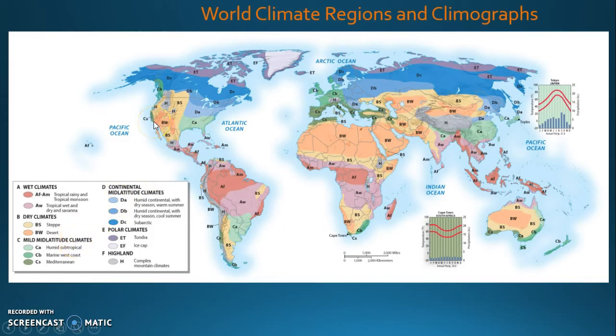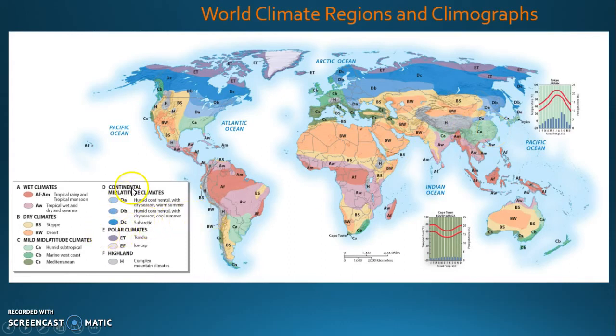So we have a climate that is mild and so not too extreme. The west coast of North America has that. Chile and a lot of Europe have this mild climate. A lot of China, so not too hot, not too cold, kind of a nice climate.